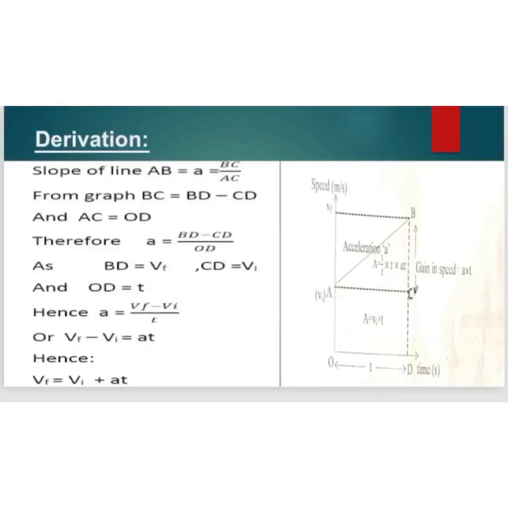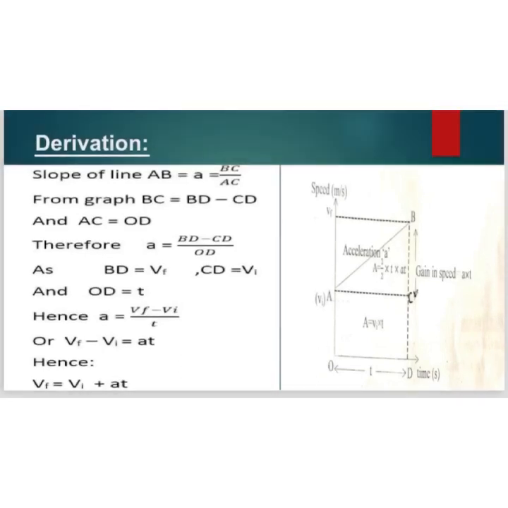So students, the same process we will apply here, and we will write that BC will be equal to BD minus CD. So here in the second line you can see that from the graph BC is equal to BD minus CD.